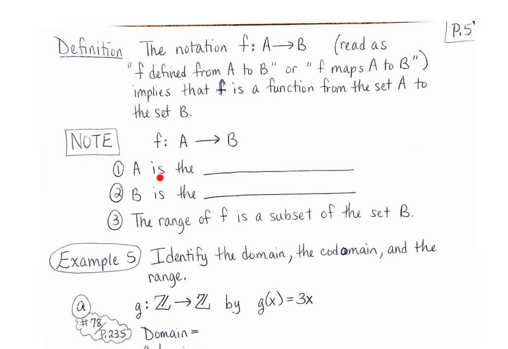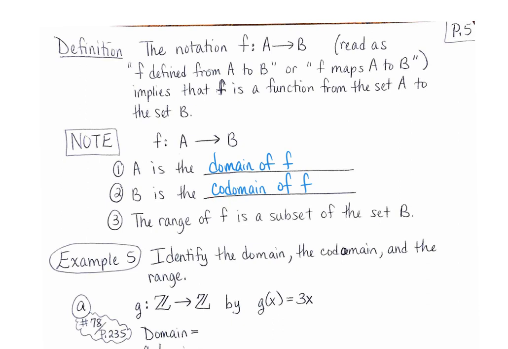A is the domain of your function f, which is the set of all your what? x coordinates. Good. B is the codomain of f. And what you know as the range of f is a subset of your codomain. It lives inside of it.